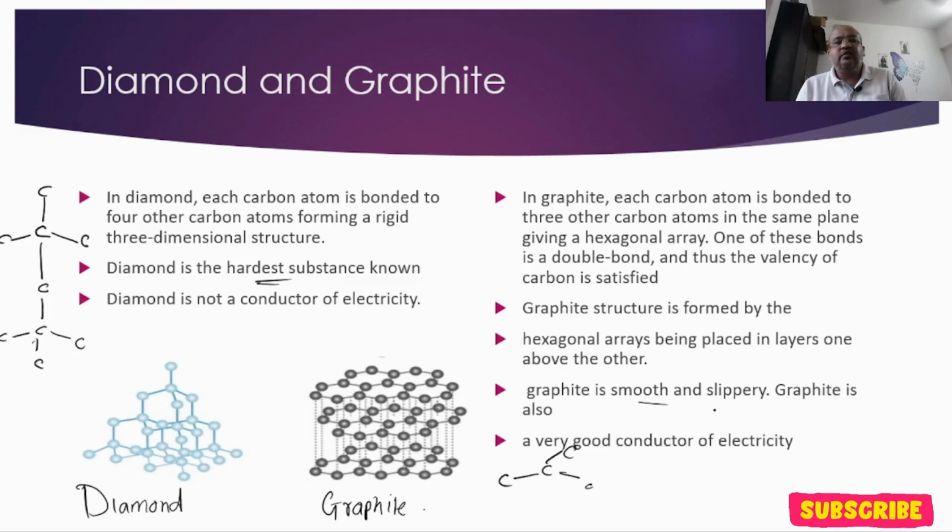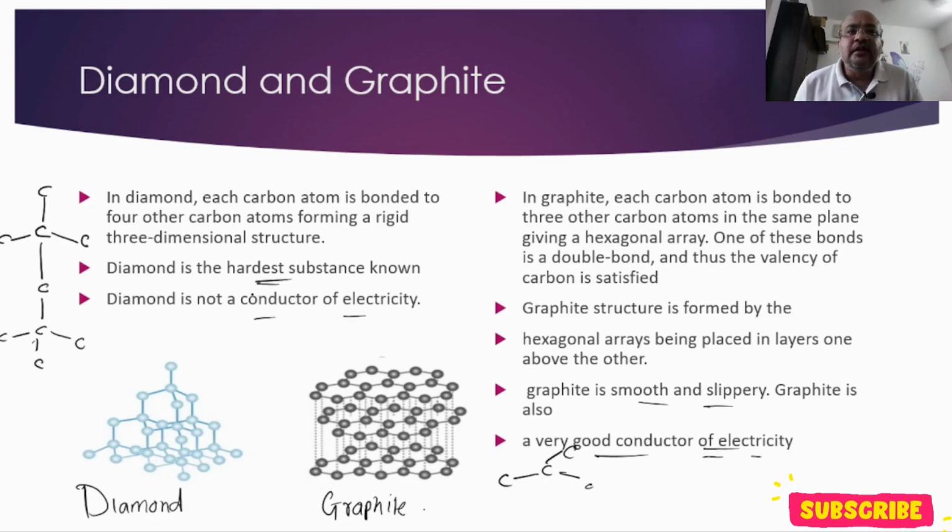Graphite is smooth and slippery. Graphite is also a very good conductor of electricity, so graphite rods are used for electrolysis as it conducts electricity. Diamond is not at all a good conductor of electricity. So these are a few of the differentiating points between diamond and graphite.